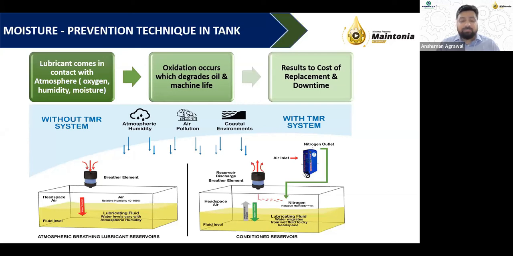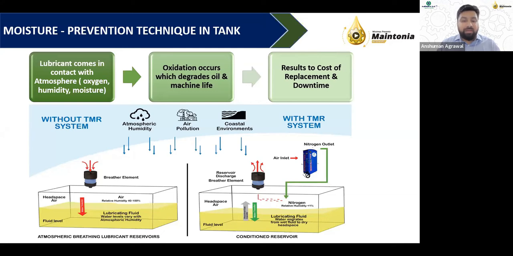I have one instance from a steel plant in India where, as a process for steel, they have nitrogen lines all around the steel plant. And they have a captive power plant adjacent to the steel plant. So they have created a special blanketing line, a nitrogen supply line, till the tanks of these control systems.